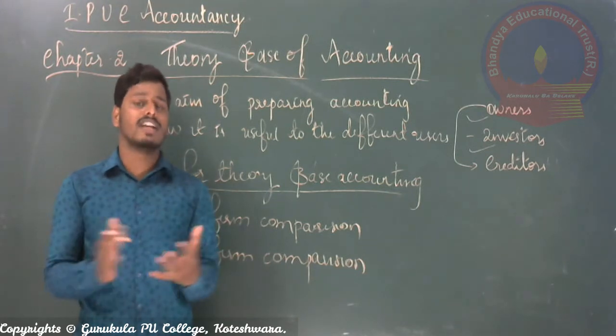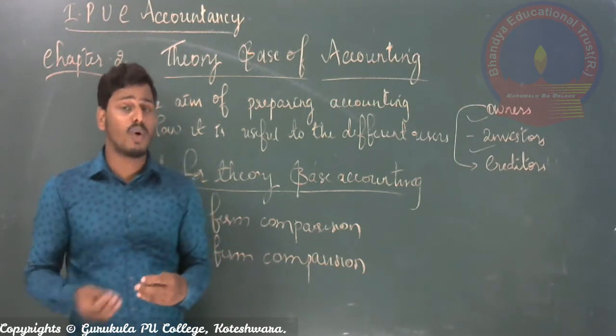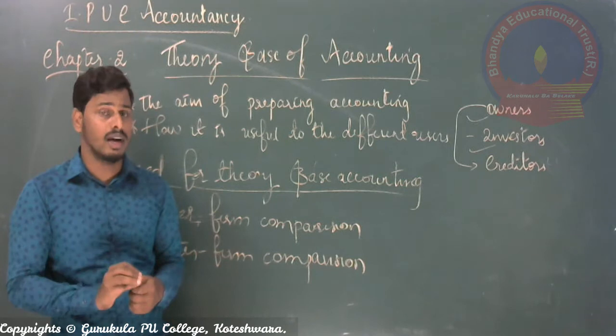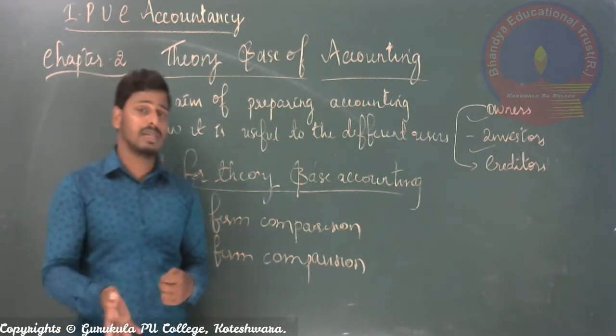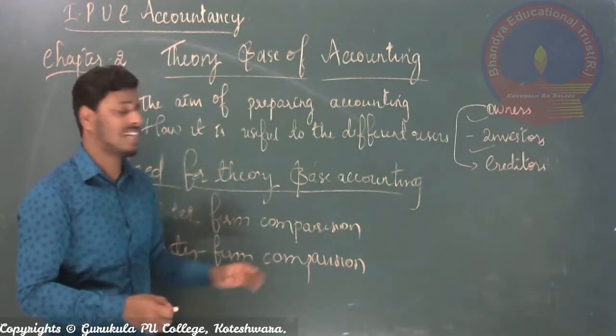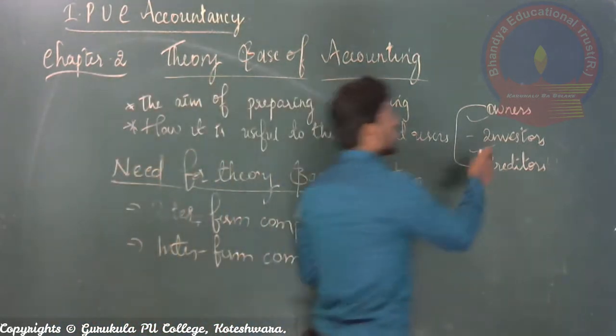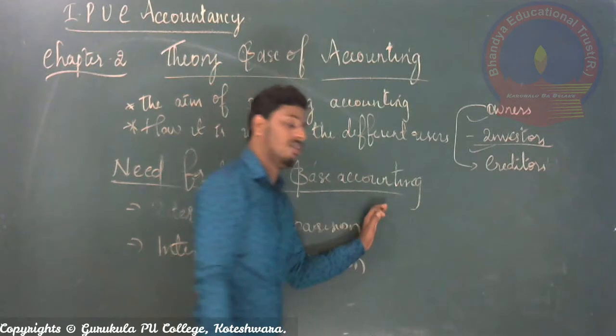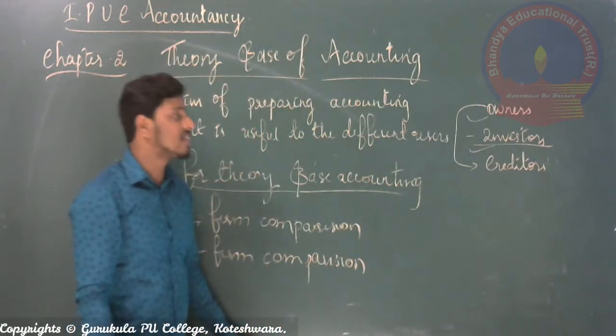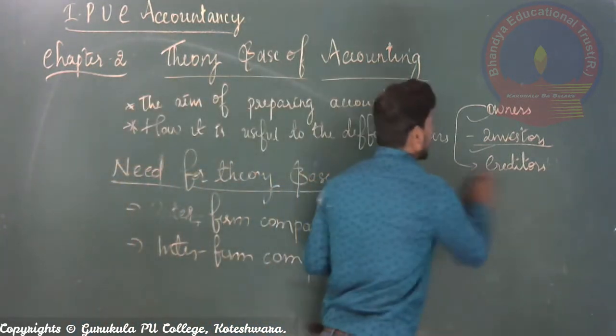Right? What are the obligations they have? These are the points we have to take into account, consider while investing money in any business organization. By seeing that accounting report or statement, investors also can take decisions. It is helpful for the investors, and in the same way it is also helpful for the creditors.